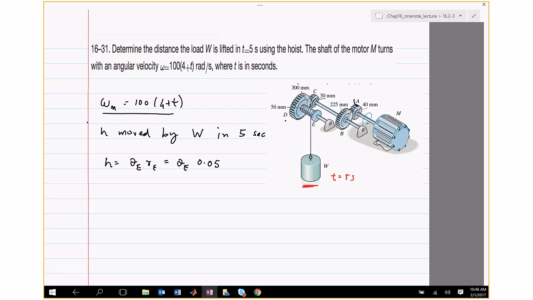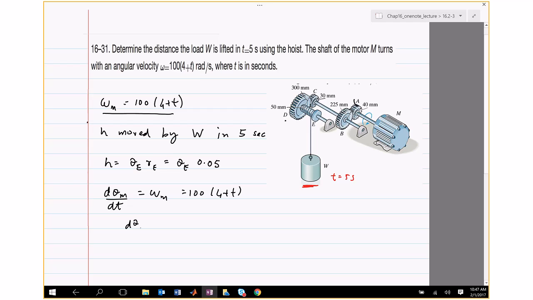The rate of change of angle is omega, which is 100 times 4 plus t.